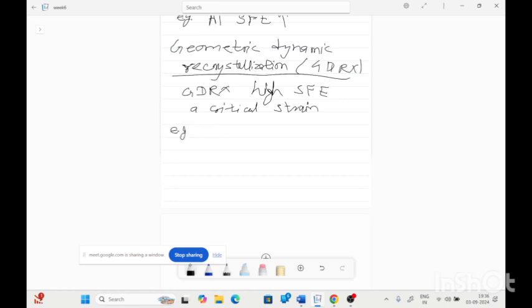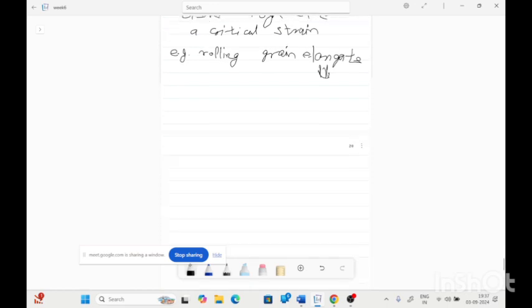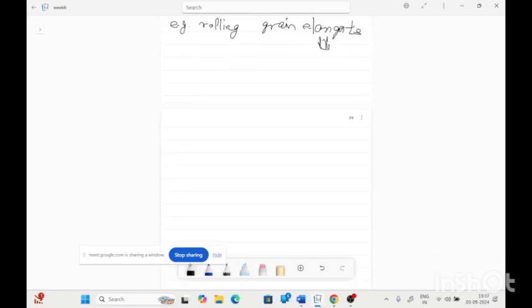For example, if we take rolling, grains elongate during the process, and that allows the formation of geometric dynamic recrystallization grains. So we will see how the grain shape changes during the rolling process. First, grains are formed.